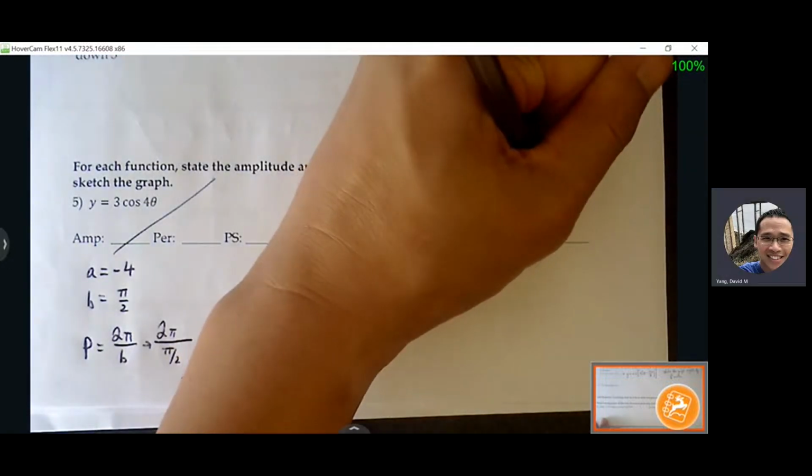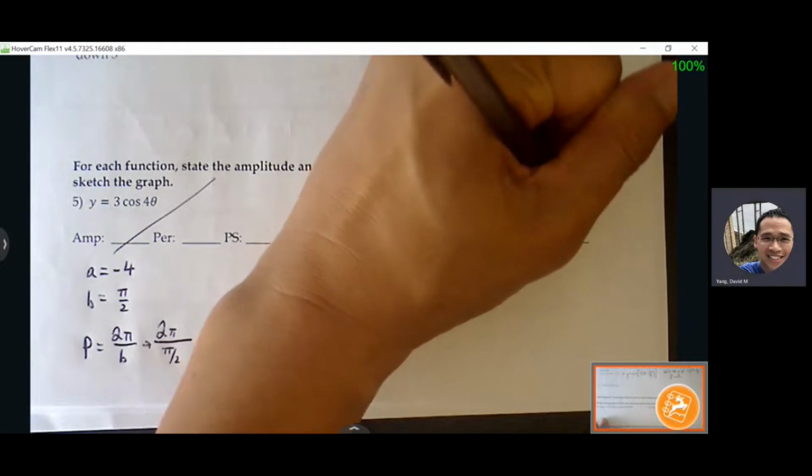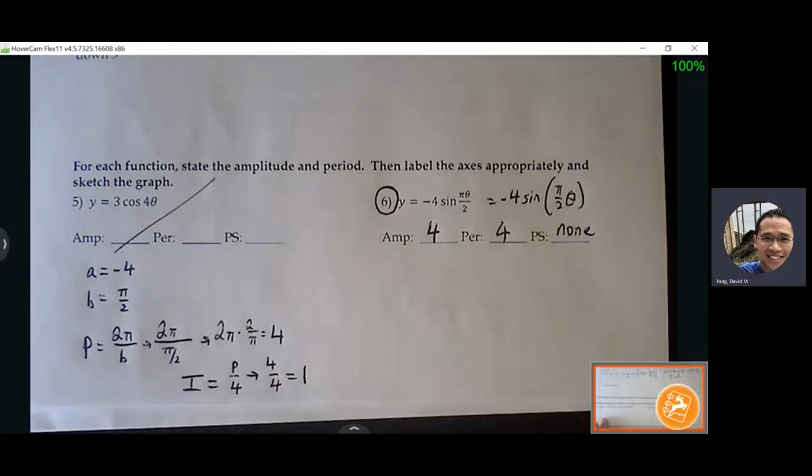And PS is phase shift. And right now we don't have any phase shift because there's no plus or minus inside that theta, right? So this is a review problem here.